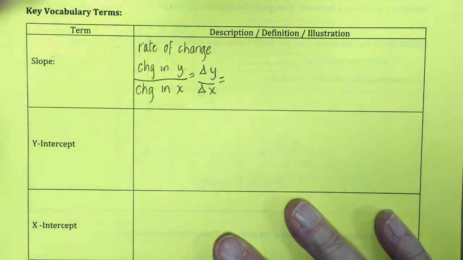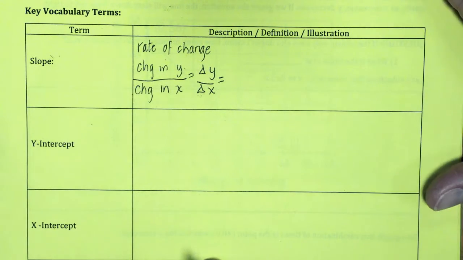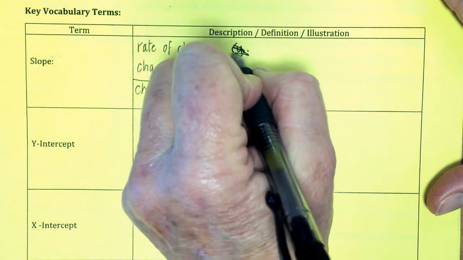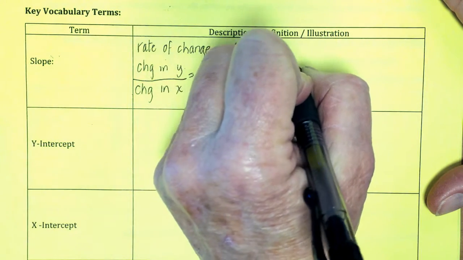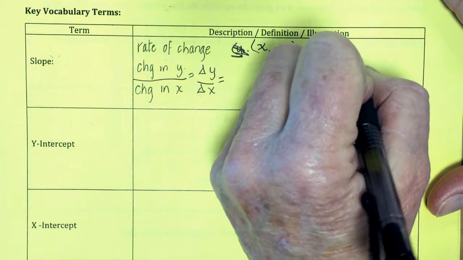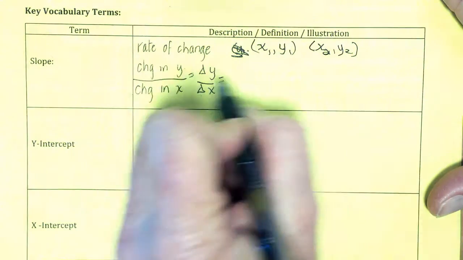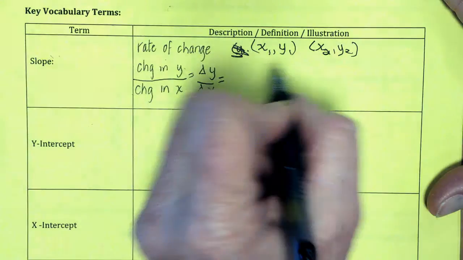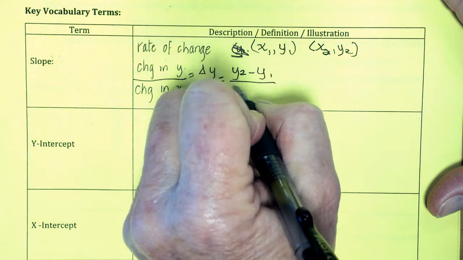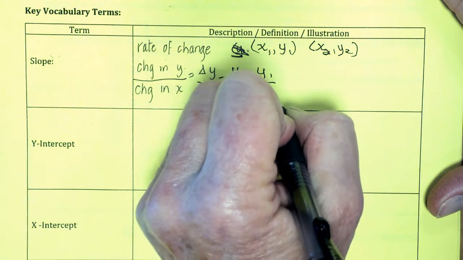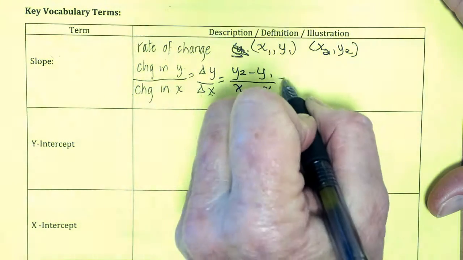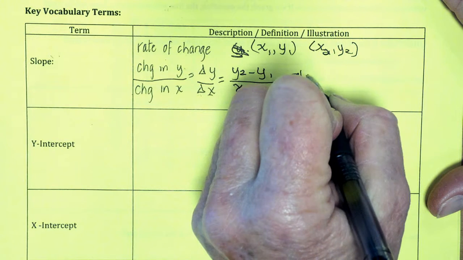I can take it one step farther and say that if I have two ordered pairs, x1, y1 and x2, y2, I could find the change in these values by subtracting y1 from y2 and taking x2 minus x1. That's taking the difference, which is the change. And this is going to give me my slope.